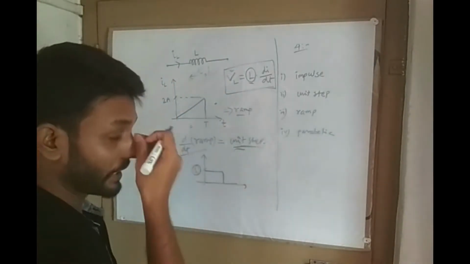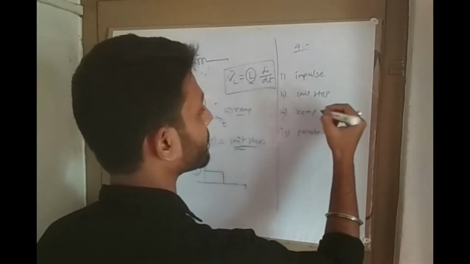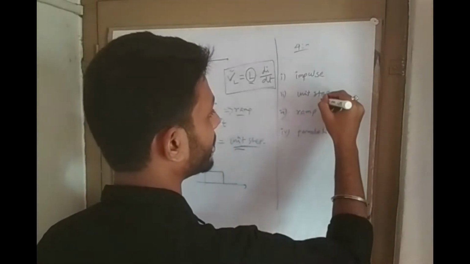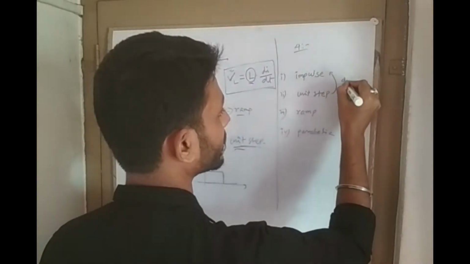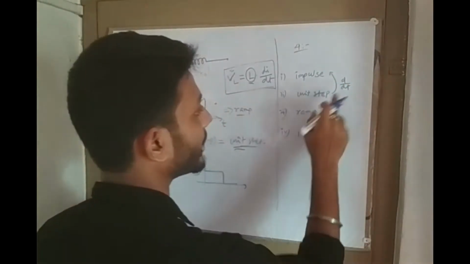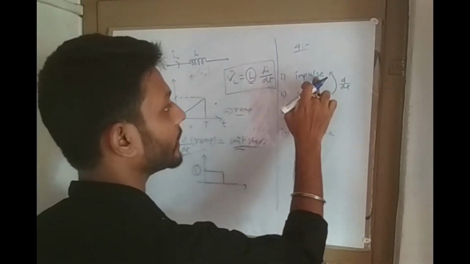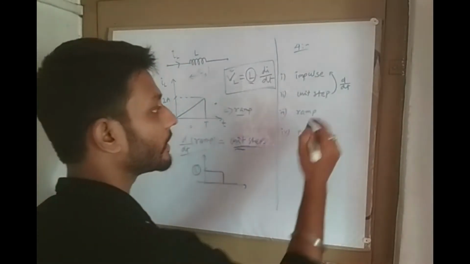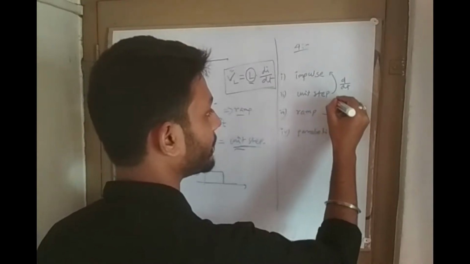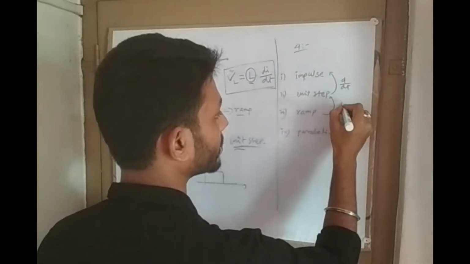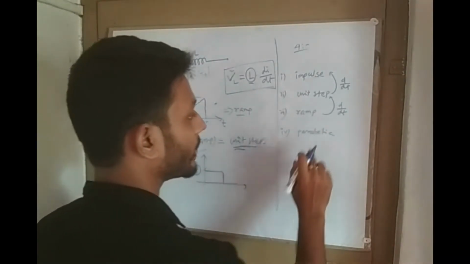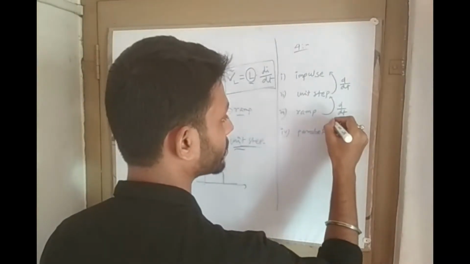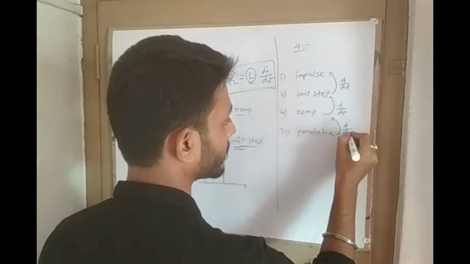So you can remember from here, if we take the derivative of unit step, then we will get the impulse signal. If we take the derivative of the ramp signal, then we will get the unit step signal. And in case of parabolic, also same in this way.